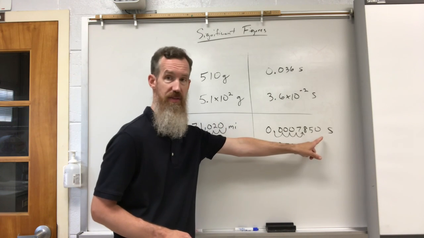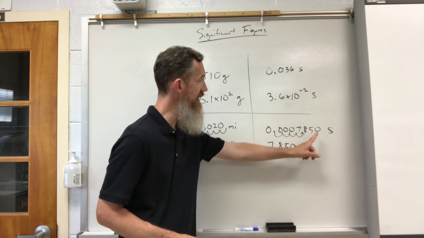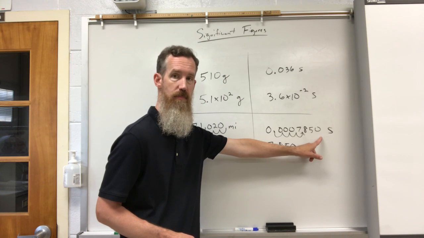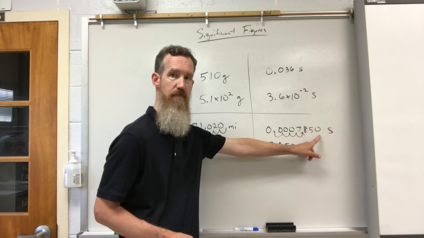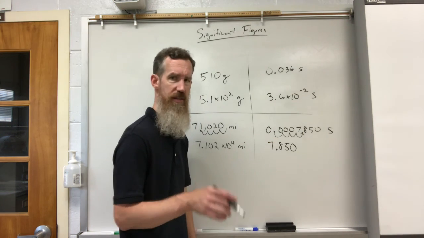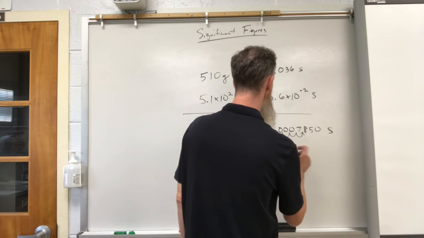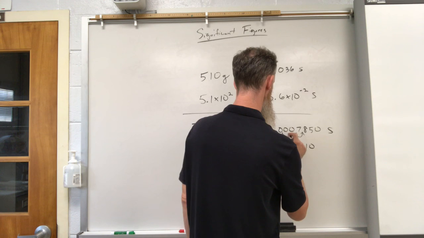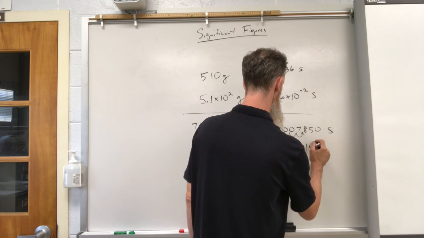But this 0 here, you have to keep. What that's saying is, we were pretty certain that when we got to the end of this measurement, we didn't really need to guess anymore. I'll show you that in a minute. Times 10 to the 1, 2, 3, 4, negative 4.